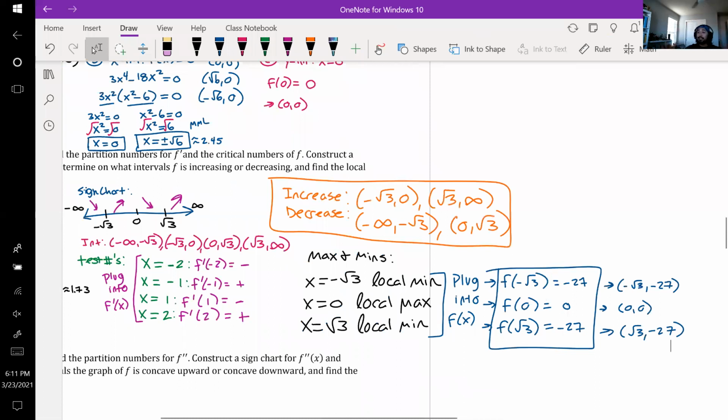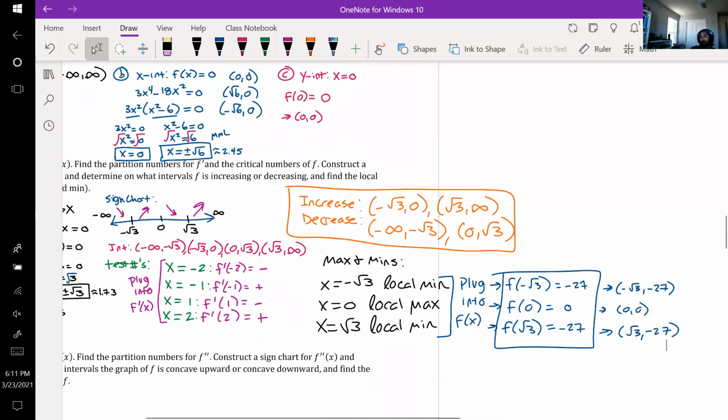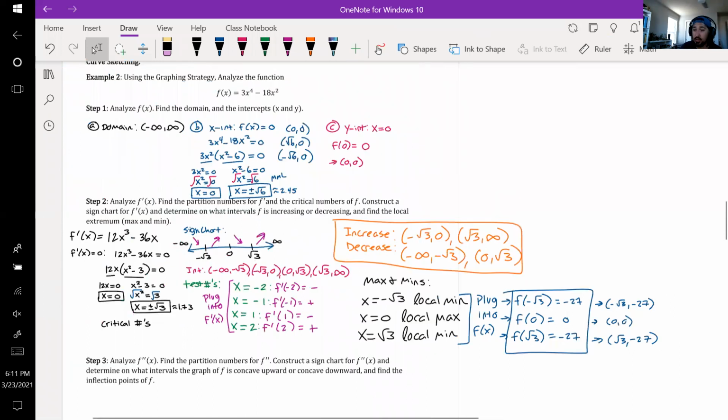That was everything we did on Thursday in one step. Any questions on that? So it seems pretty repetitive, right? Okay, so now we move on to step 3, where we do what we learned today.